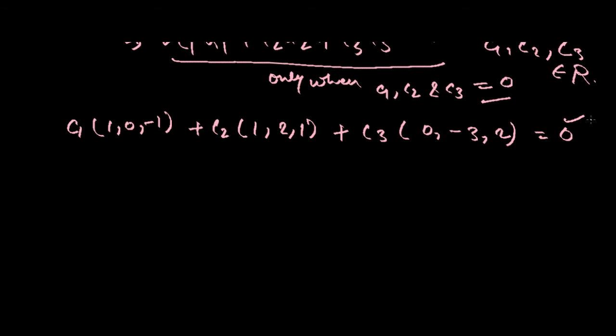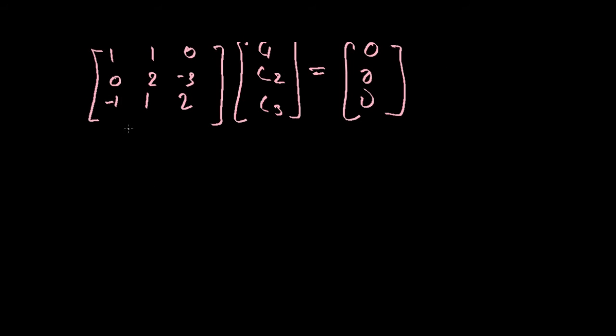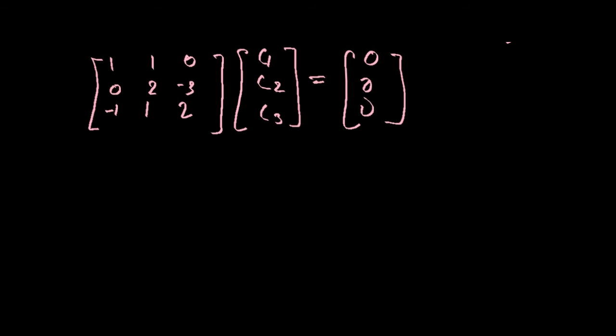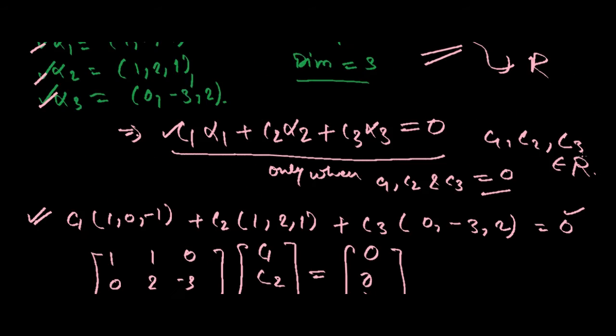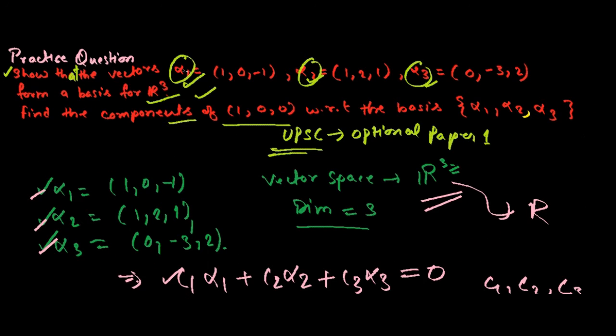This equation can be written in a matrix format. Since we are required to show that these vectors are forming the basis of R3, we need not find the linearly independent vectors from this set of vectors.